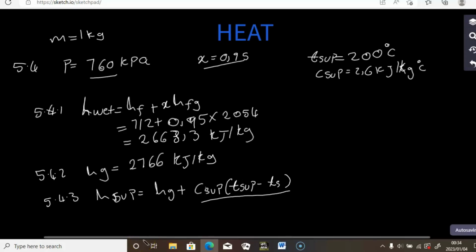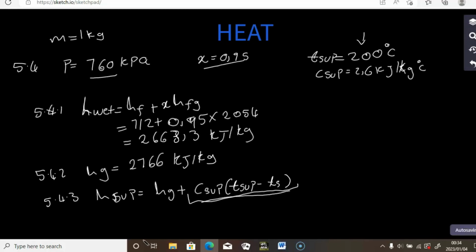They want us to calculate the heat energy that we added for the steam to be superheated to a temperature of 200 degrees Celsius. So we can just take this and say that is the HSS that they are looking for.